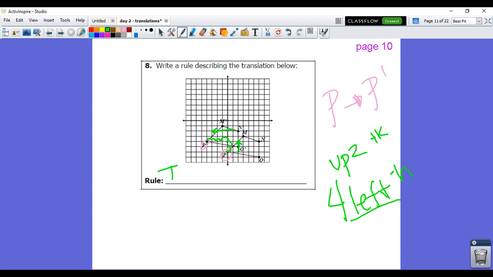It's going to be capital T and then subscript -4, comma 2 with an arrow. Now again, I'm moving towards the left 4, so my rule is going to be x minus 4. And I'm moving up 2, so it's going to be y plus 2. And then this right here would be my rule for this.